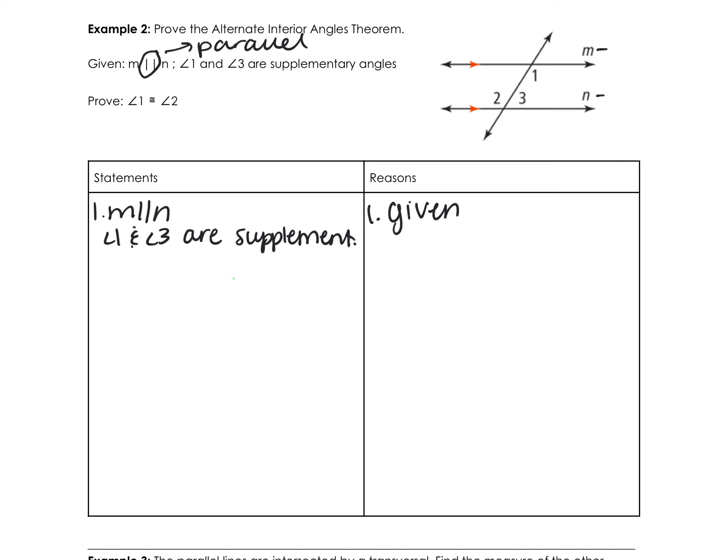Given that M and N are parallel, we can't really do anything with that, right? We can't go anywhere with that, but we can go somewhere with that second statement. So if angle 1 and angle 3 are supplementary, that means the measure of angle 1 plus the measure of angle 3 equals 180 degrees. And the reason is the definition of supplementary angles.